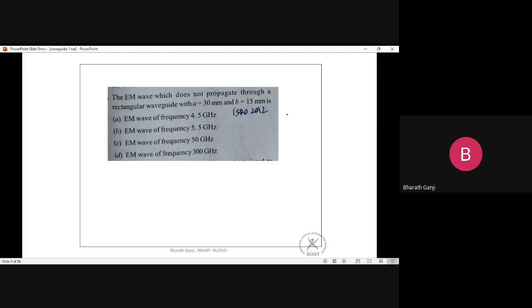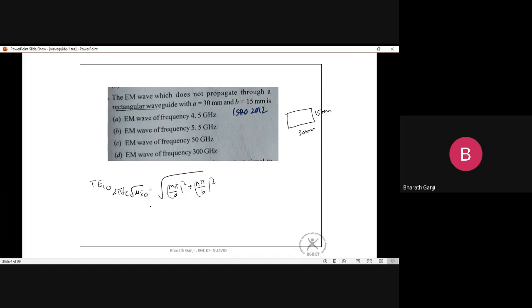So to know that, it's given A is 30 mm and B is given as 50 mm. What is the first mode that can propagate in a rectangular waveguide? It's TE10 mode. So what is the cutoff frequency for TE10 mode? I know the cutoff wave number, that is square root of (m pi by a) whole square plus (n pi by b) whole square. And usually this is what I remember, because cutoff wave number is nothing but 2 pi fc square root of mu epsilon.